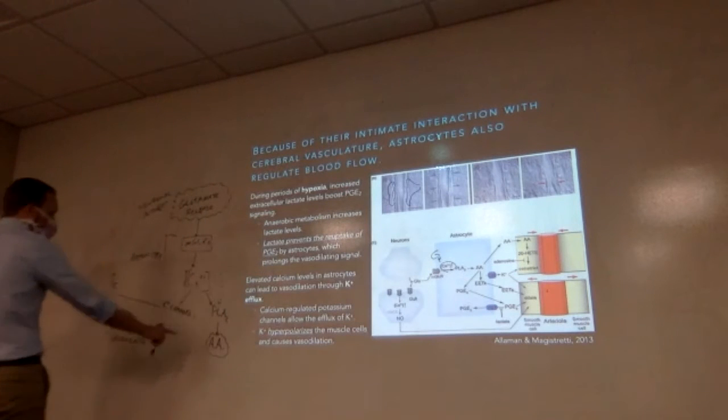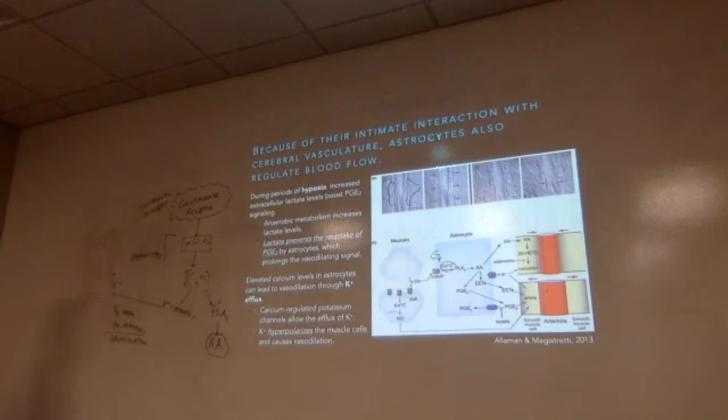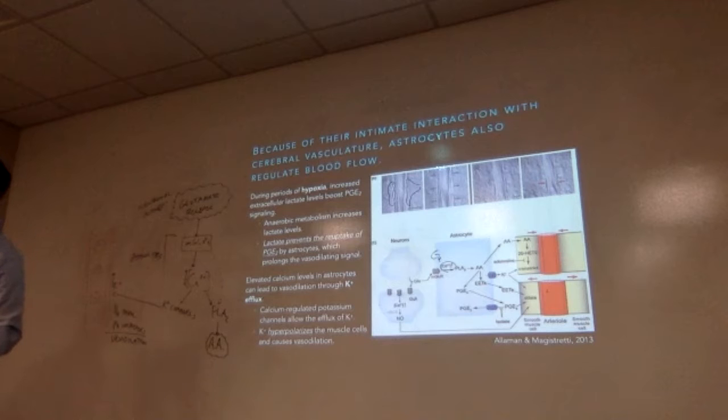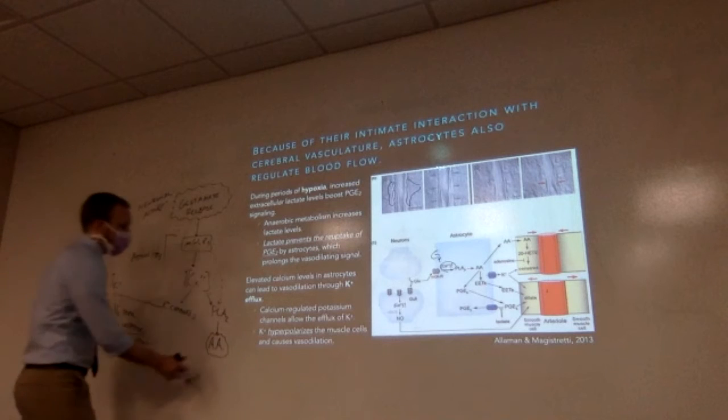So arachidonic acid can be metabolized by several different enzymes. And depending on which enzyme acts on arachidonic acid, that then determines the product. Just like which phospholipase is going to act on the phospholipids is going to determine the product. Are we making IP3 and diacylglycerol? Well, that's phospholipase C. But this isn't phospholipase C, so we make arachidonic acid instead.